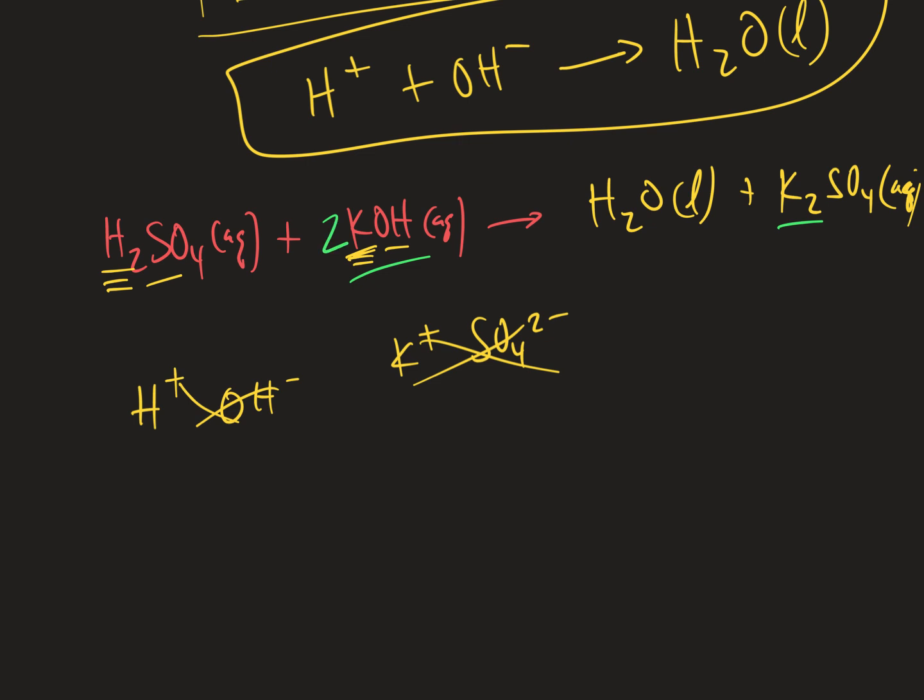Do you see how that took care of that problem? So now we can do sulfate and sulfate. It's 1 to 1. Okay, that's good. Now let's do oxygen or hydrogen, it doesn't matter. We have 2 oxygens here, so how many waters do we need? 2. That gives us 4 hydrogens on the right.